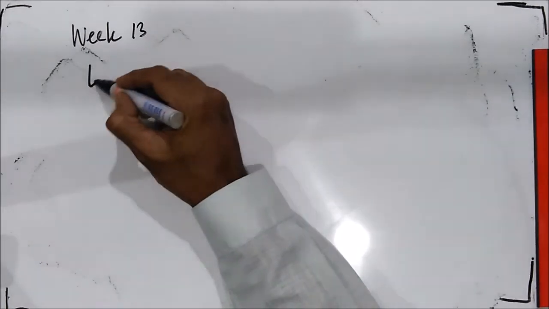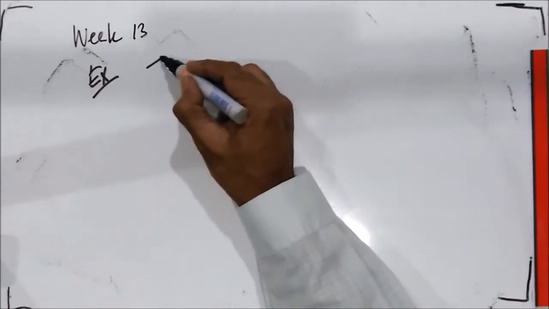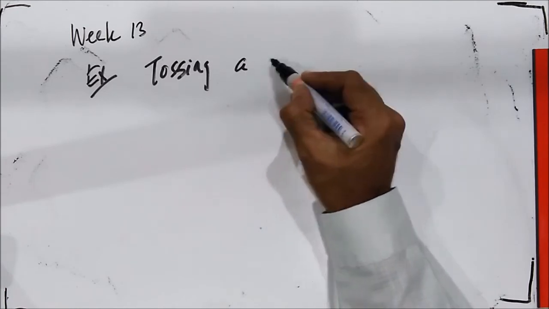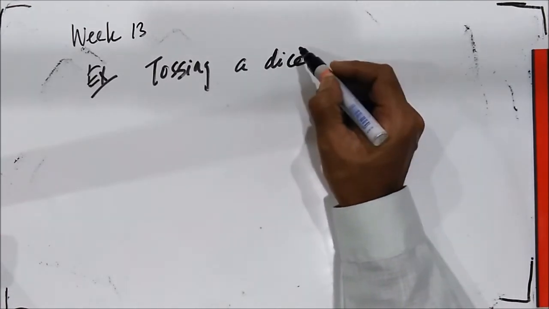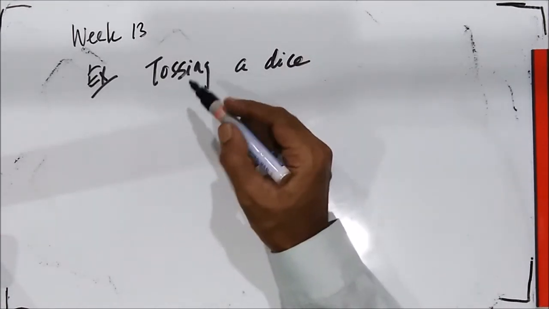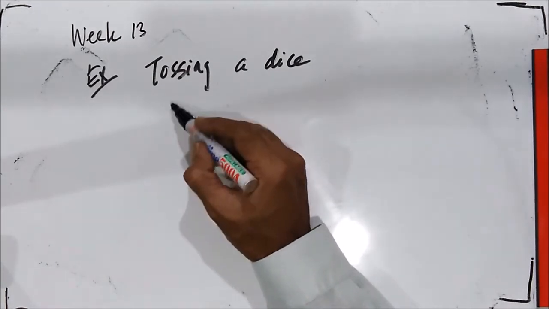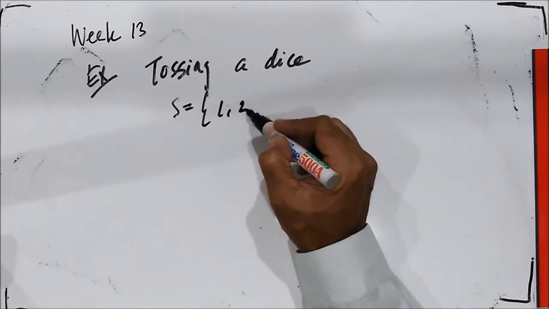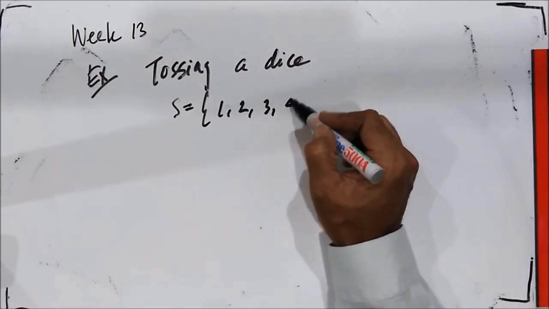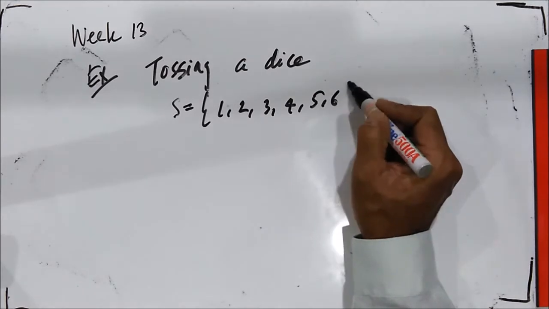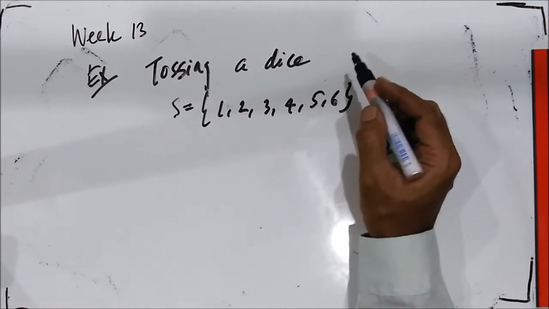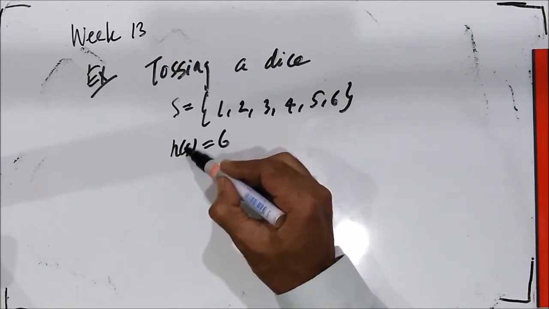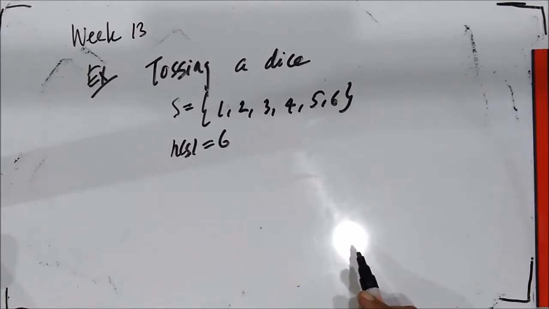The possible outcomes of tossing a dice are number 1, number 2, number 3, number 4, number 5, and number 6. In other words, you can put here that the number of possible outcomes in S is equal to 6.